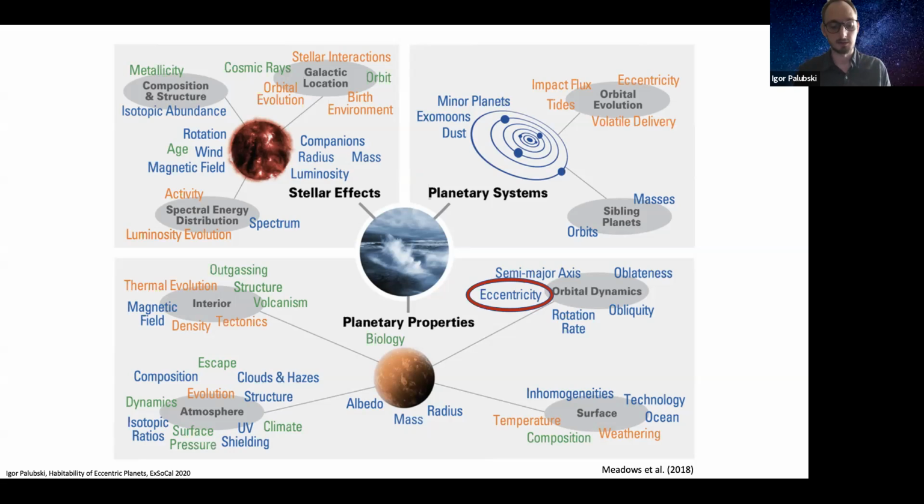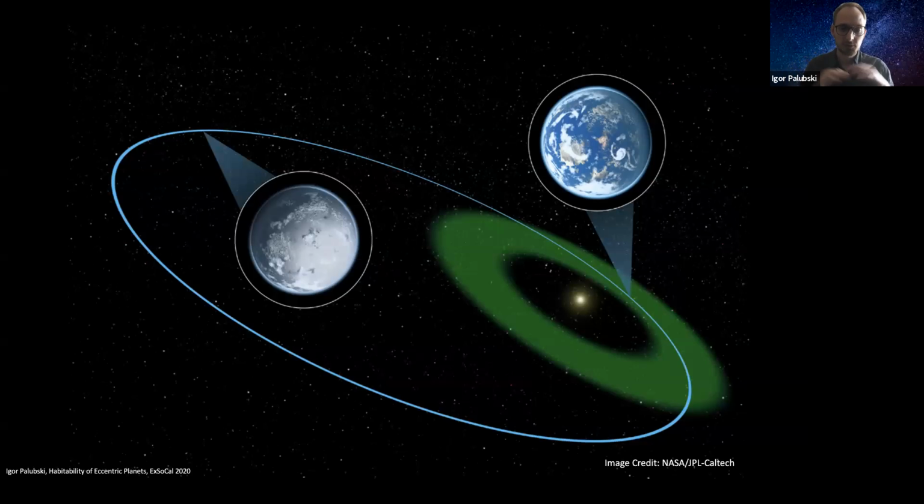Now, eccentricity is a special parameter in a way because it introduces this possibility of a planet that can go in and out of the traditional habitable zone. And at sufficiently high eccentricities, that also means that there could be a planet which could swing out so far away from its star that it could completely freeze over in a state referred to as a snowball as it approaches the apoastron, or the farthest approach to the star, before coming back down into the habitable zone and warming up again.